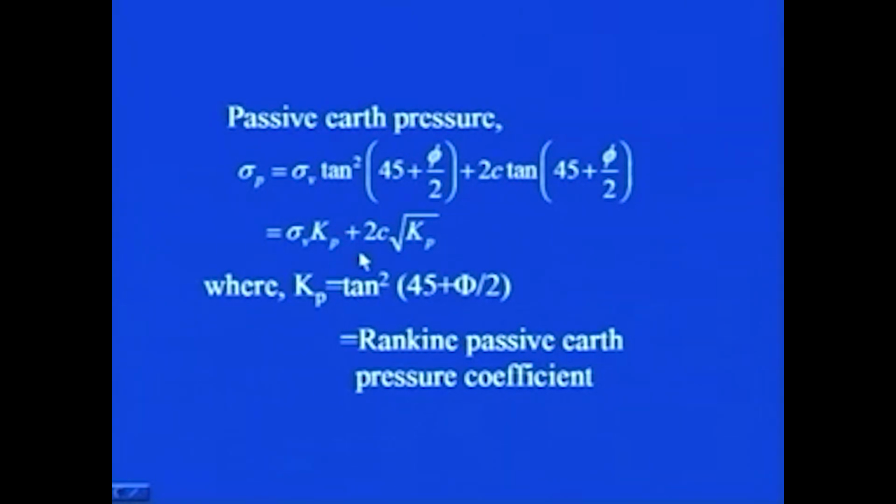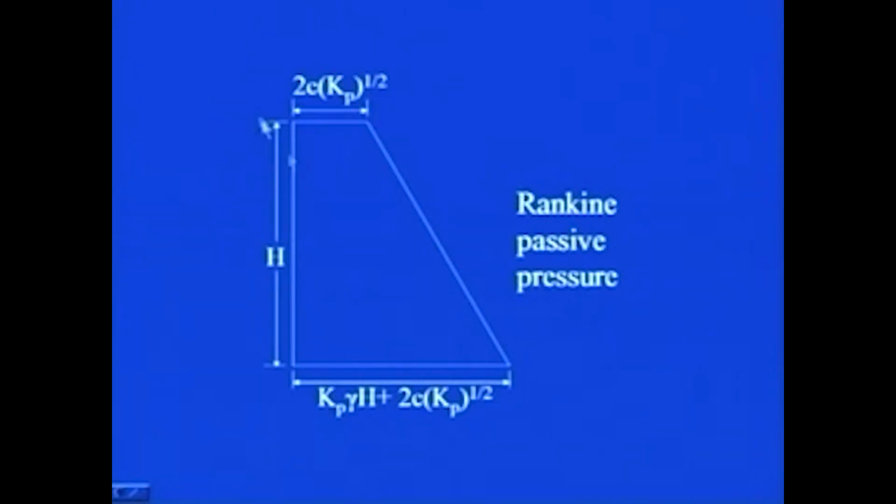One term is sigma v Kp, which is equal to gamma H into Kp, and another term deals with the cohesion of the soil, which results in the quantity 2c square root of Kp. At z equal to 0, the first term will not be there because sigma v is 0. So, simply you will have 2c square root of Kp at z equal to 0.